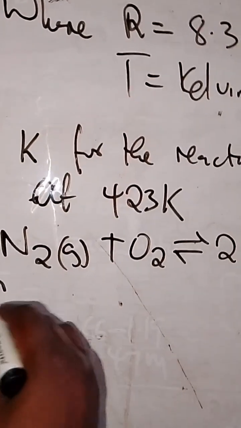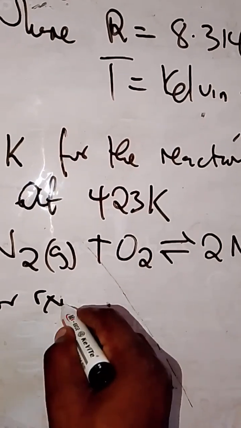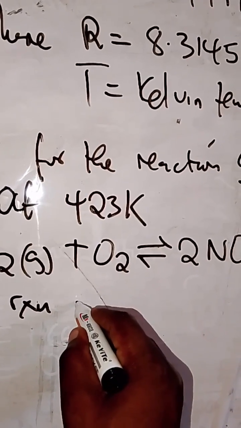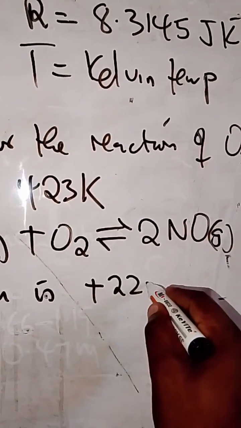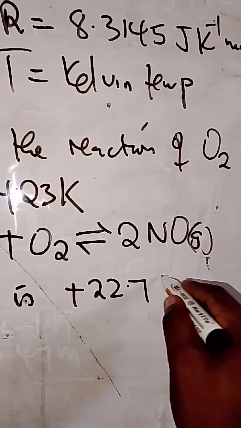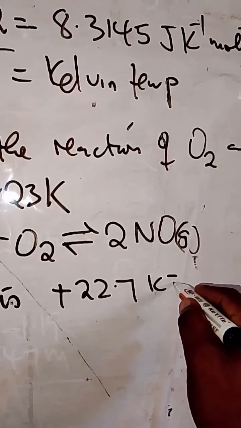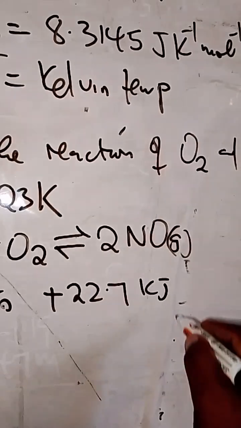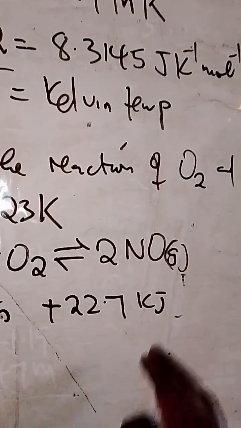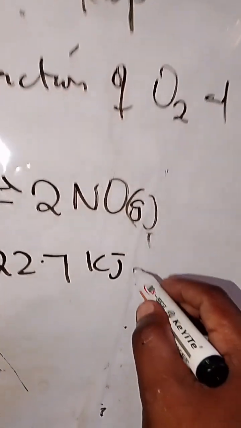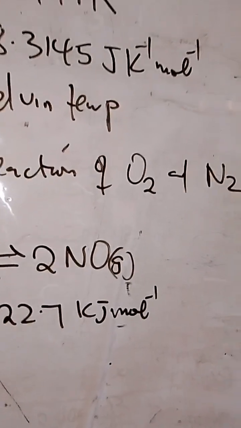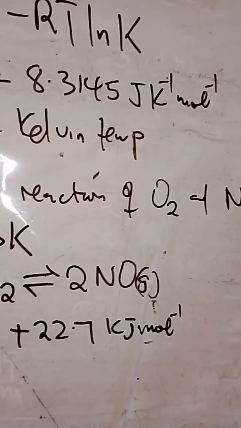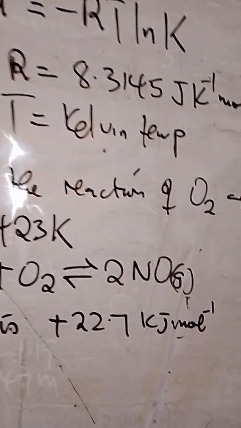Then delta G for this reaction is 22.7 kilojoules per mole of N2.